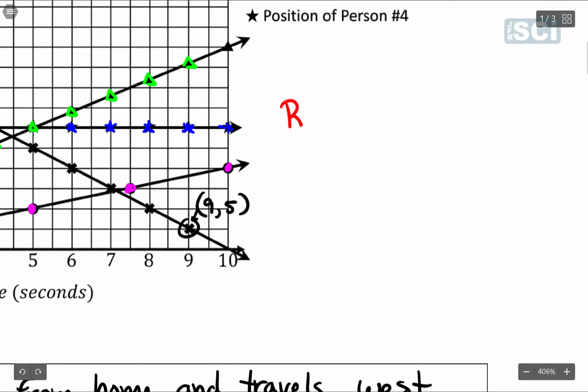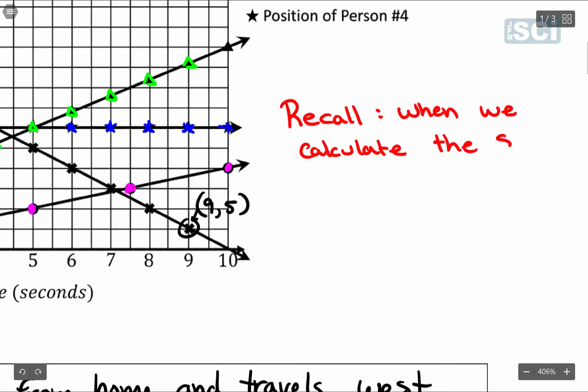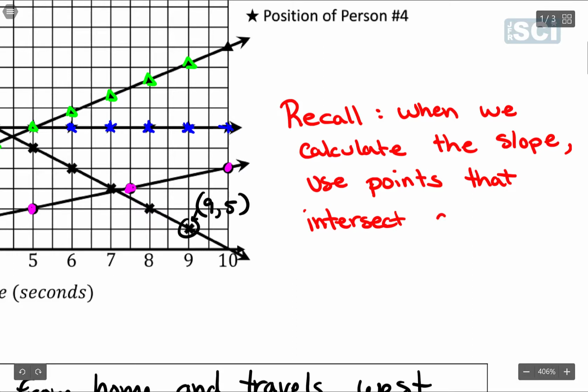We're going to say, recall when we calculate the slope, use points that intersect axis grid lines.